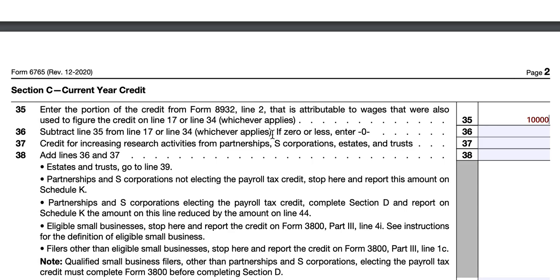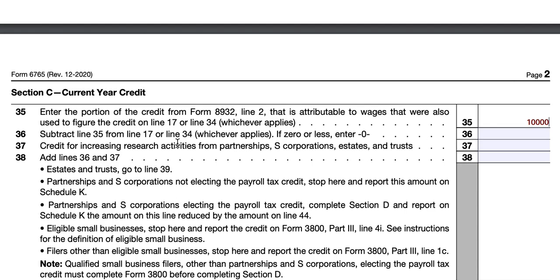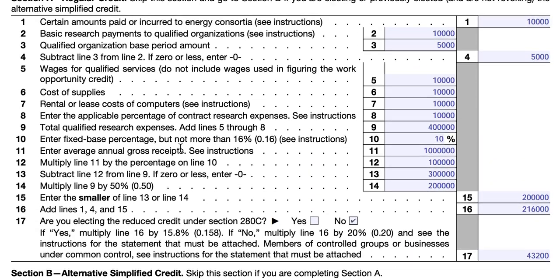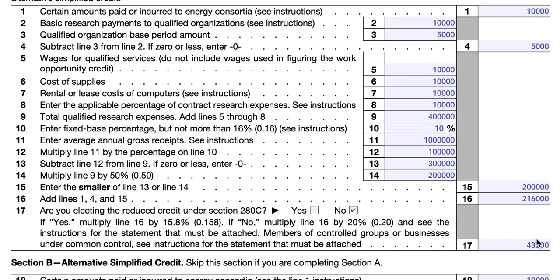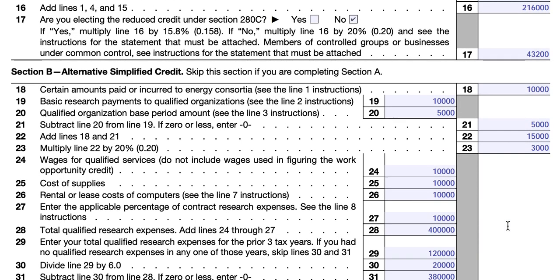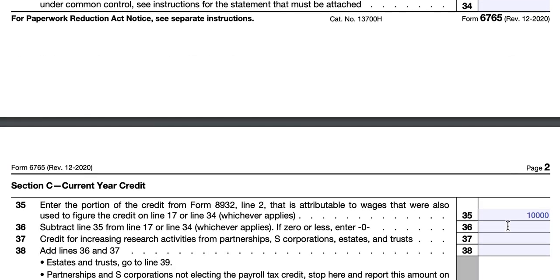Now you'll subtract the line 35 number from whichever applies, line 17 or line 34. I feel like using line 17, so that's what we're going to use. We're just going to use 43,200. And that gives us 33,200.